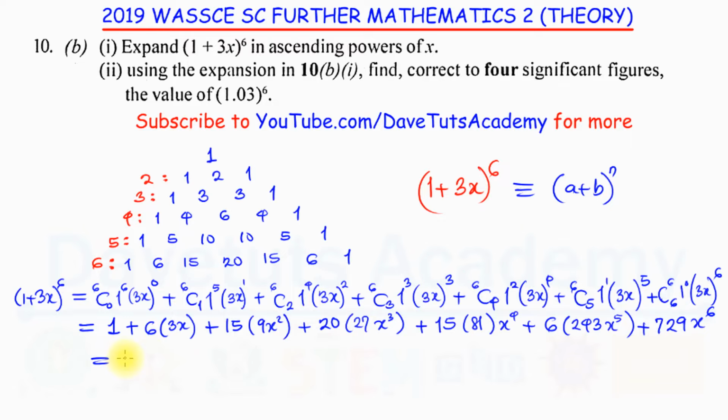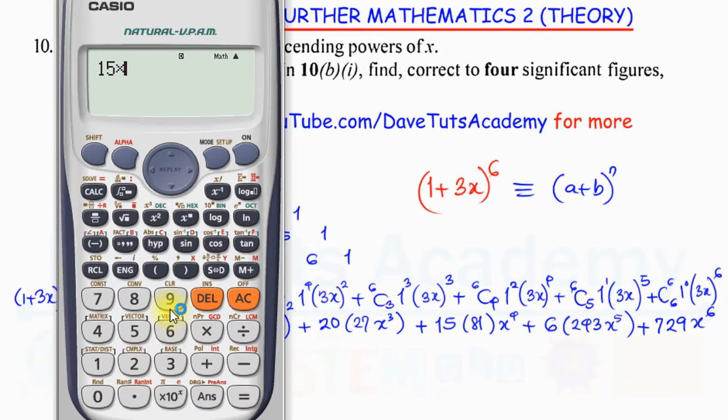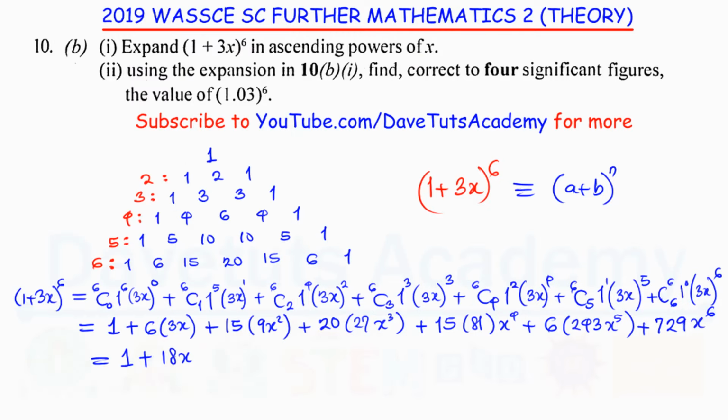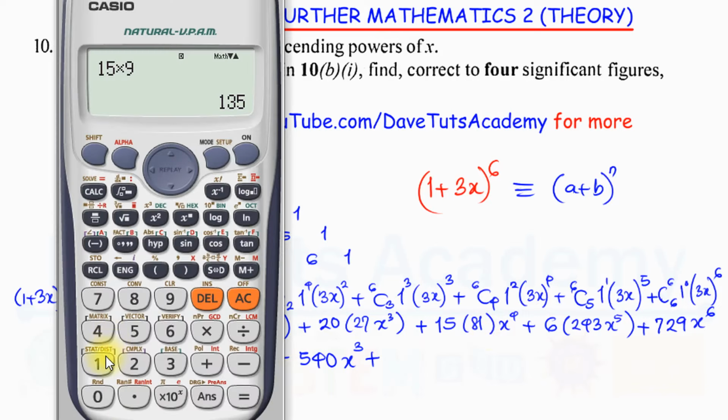So this will be 1 plus 6 times 3 is 18x. Okay, 15 times 9, that's 135. So we have plus 135x squared, okay? Then here plus, 15 times 81 is equal to what? 1215.